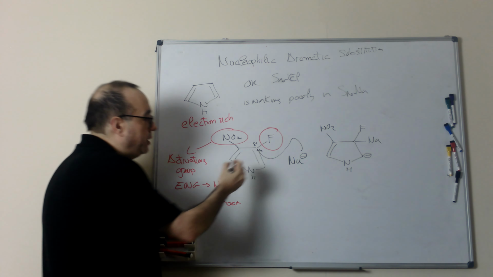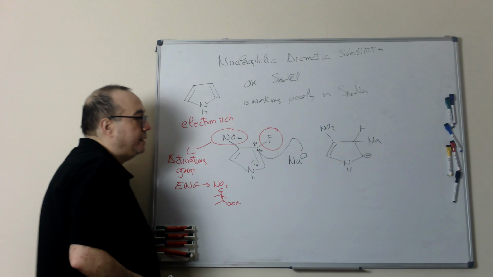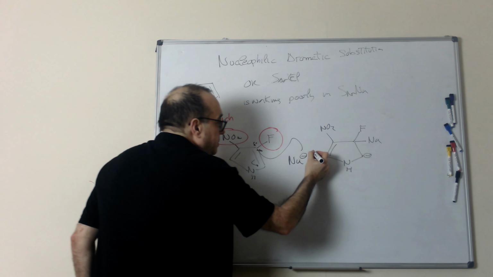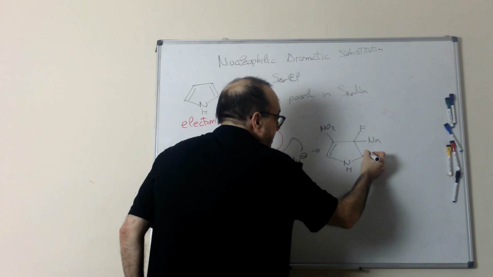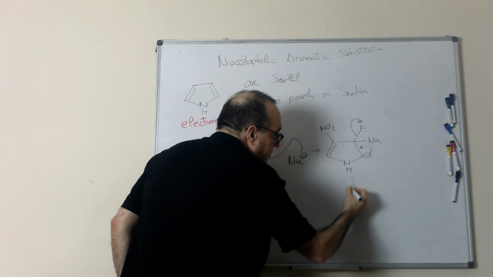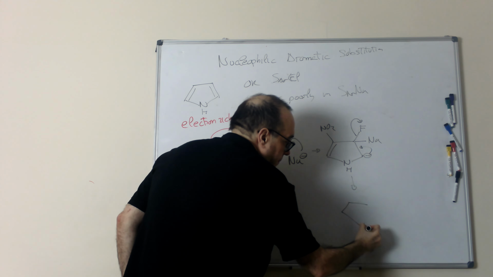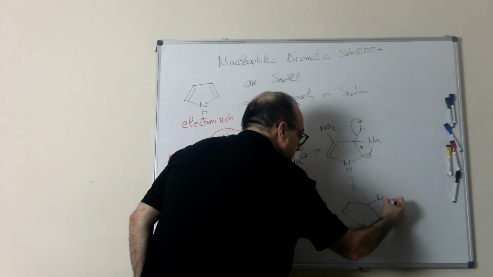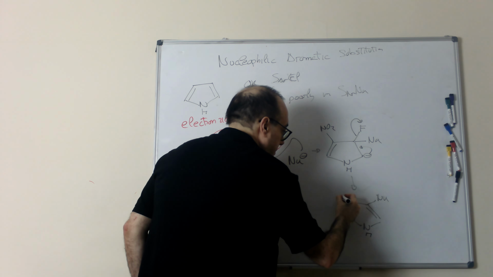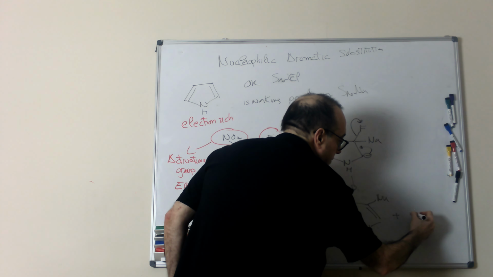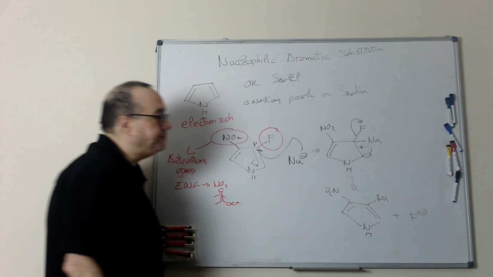Okay, and what we have is a negative charge in this atom, and then basically we regenerate the double bond, the fluorine is leaving, and we have the substitution by the nucleophile. Okay?